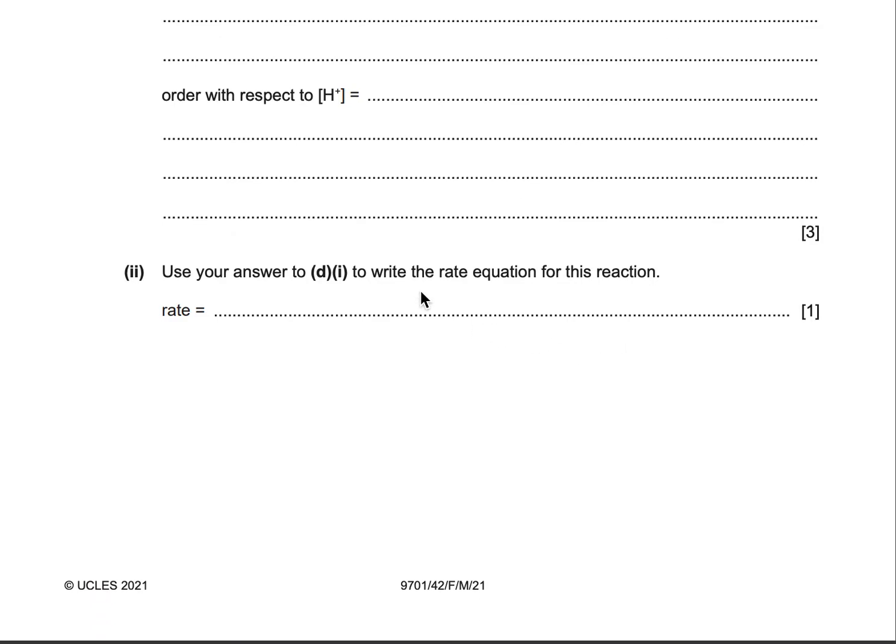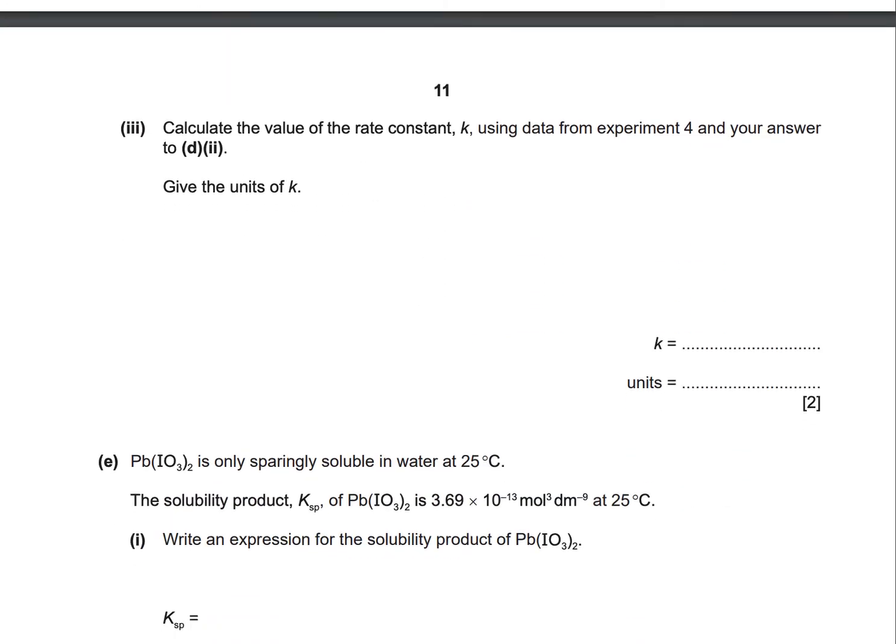The rate equation was, let me write it down again: rate is equal to k, which is the rate constant we need to find out, times the concentration of H2O2, and the concentration of IO3 minus.